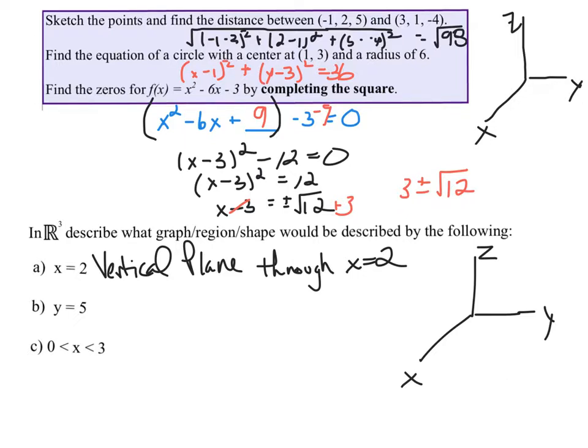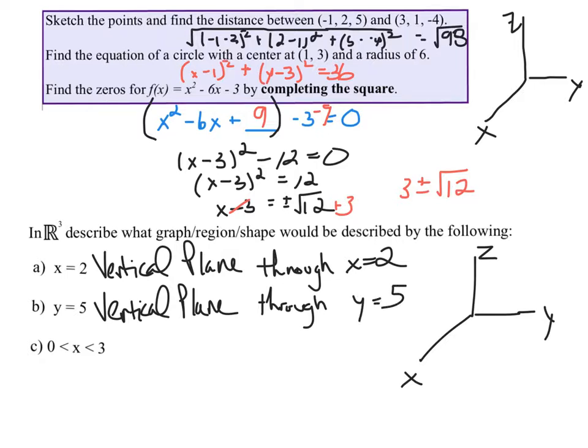And again, it would be a vertical plane. Sometimes you'll say that it's also parallel to a certain plane, in this case, the xz plane, it would be parallel to that. It's kind of nice. It tells you what direction it is.